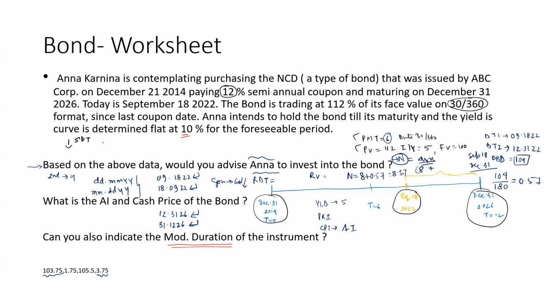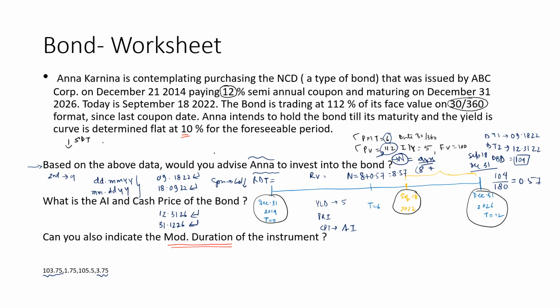So after we have inputted these details, n is equal to 8.57, PV is equal to 112, PMT 6, date format 360. We don't have to do anything in TVM. I/Y is equal to 5, FV is equal to 100, and then we press PV. Sorry, we have to find out PV, because the question here is to compare whether we should invest in this bond or not.